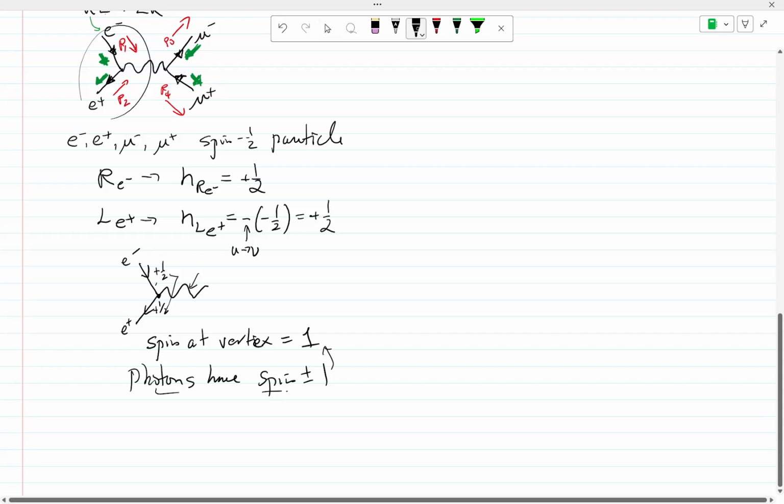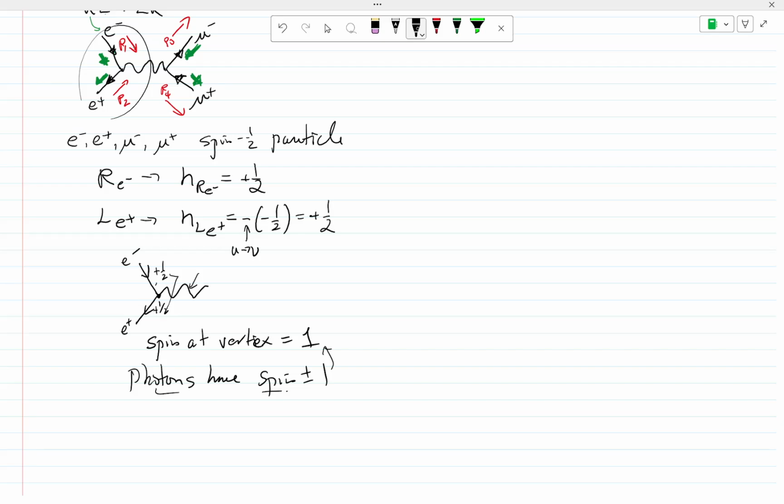I know I'm switching between spin and helicity a lot, but when you're drawing a Feynman diagram, what's really important is that a spin 1/2 particle comes in and another spin 1/2 particle comes in. At least for quantum electrodynamics, those spins have to be the same magnitude in order to produce a spin 1 coming out. And let's finish up this diagram.